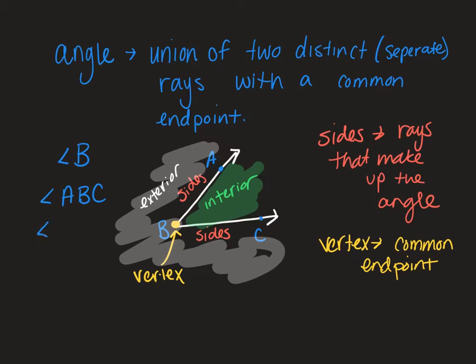We could also call this angle CBA. But this middle point always has to be your vertex. The vertex always has to be in the middle. That way, when you draw the angle, you know what your vertex point is, which is why we always keep it in the same spot when we're naming our angle.